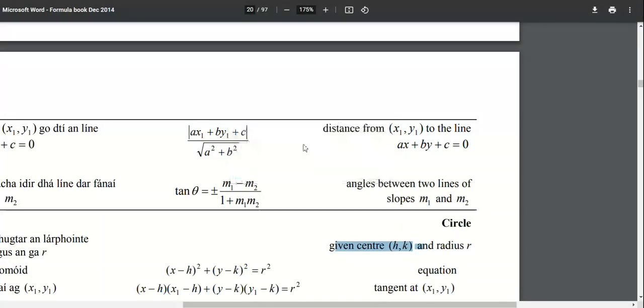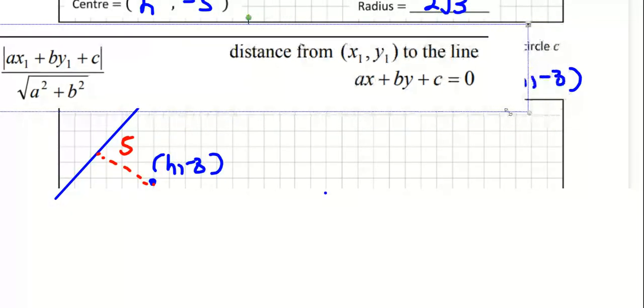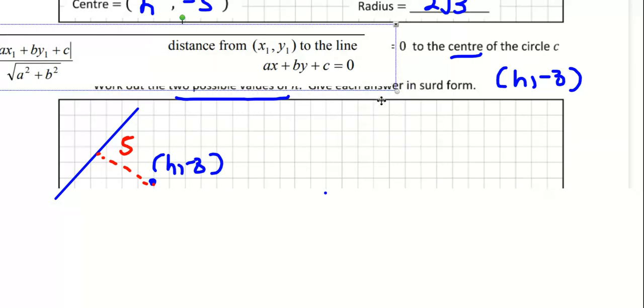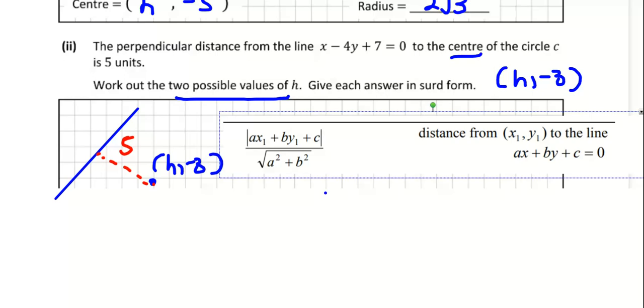Okay, so look at this. Here we go. Distance from x1, y1 to the line ax plus by plus c. This should be handy enough now. What's my a value? It's what comes in front of x. See the way it says ax? So it's what comes in front of x, which is 1.